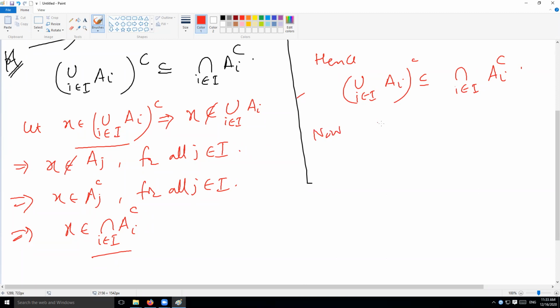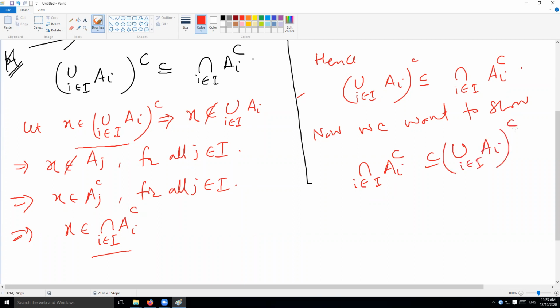Now we want to show that the intersection of I belongs to I AI complement is contained in the union of I belongs to I AI whole complement, right? In order to show this, you have to pick an element X from the intersection of I belongs to I AI complement.